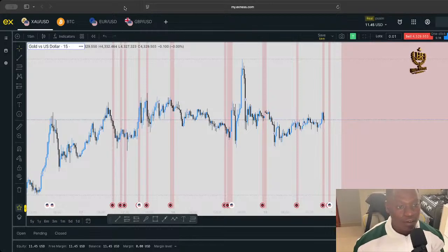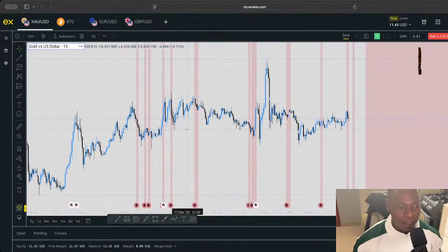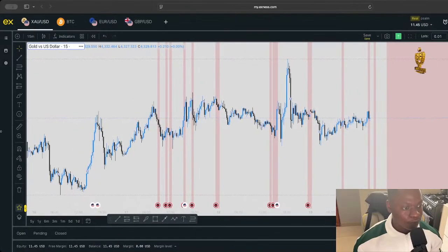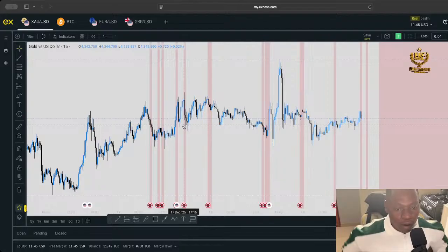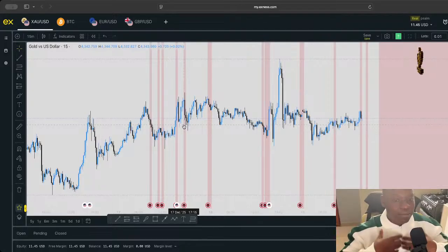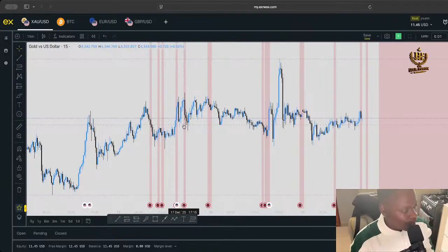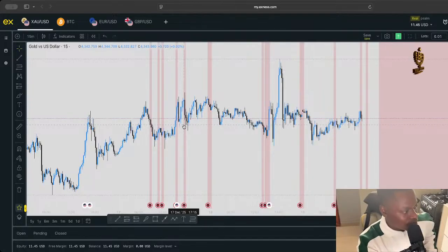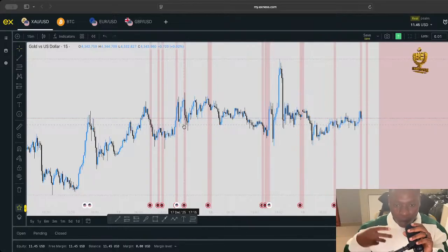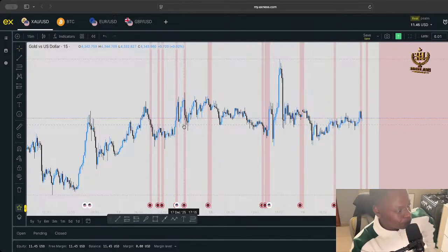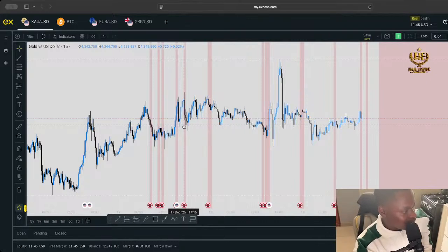The first thing I always teach my students before you take a trade is to look for where the market is currently trading. Where is the market at this particular time? Before we just say, you know what, let's hit a buy button, let's hit a sell button, what is the market currently doing?